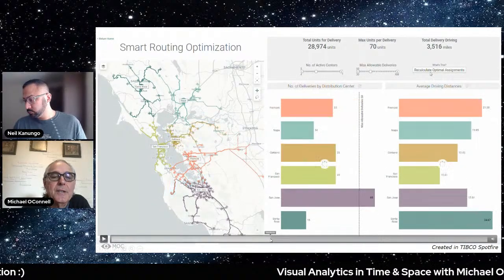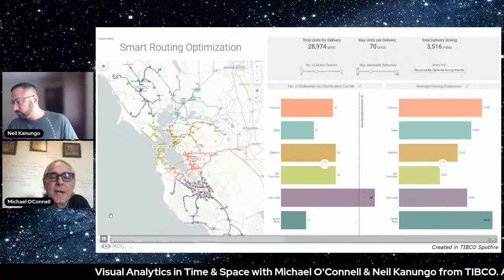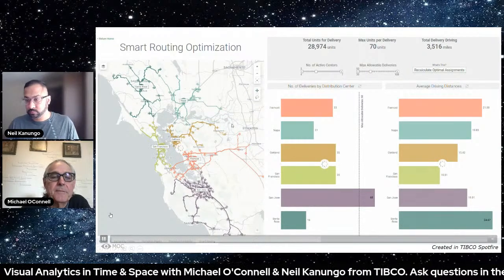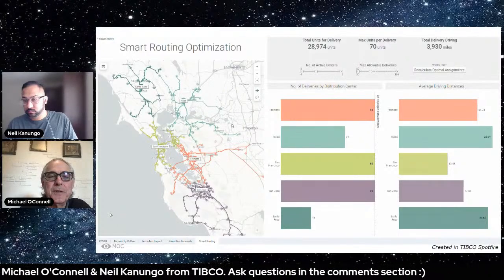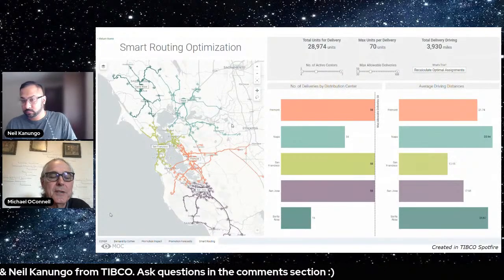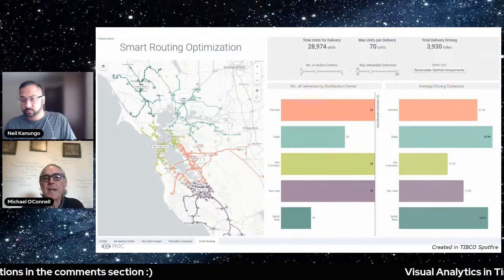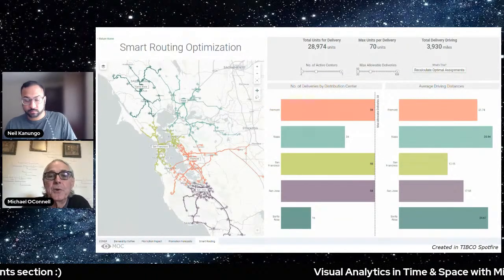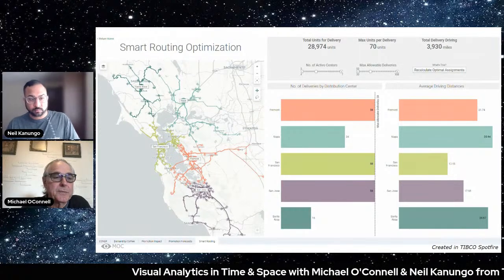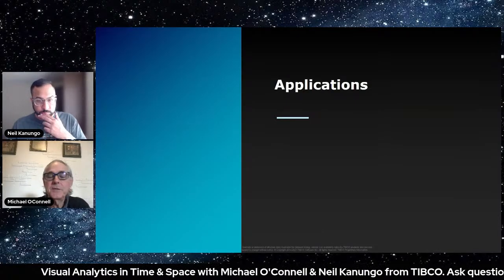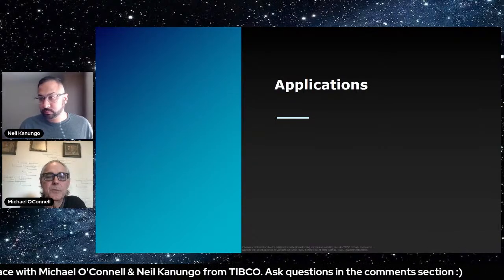You can see how the San Jose, San Francisco, and Fremont distribution centers are meeting the need of all the coffee stores in the region, but they can only do 50 trips per day. And so you can see how the routes adjust for that constraint, while at the same time minimizing the total driving of each of the deliveries. So you can do pretty sophisticated calculations on maps and display the results in a nice way.